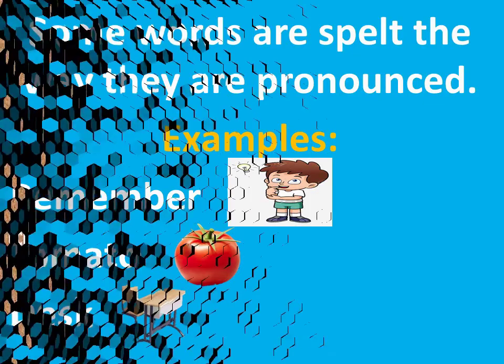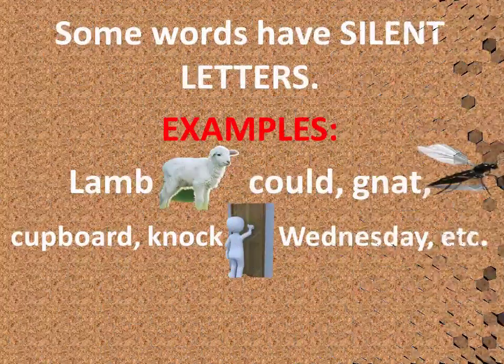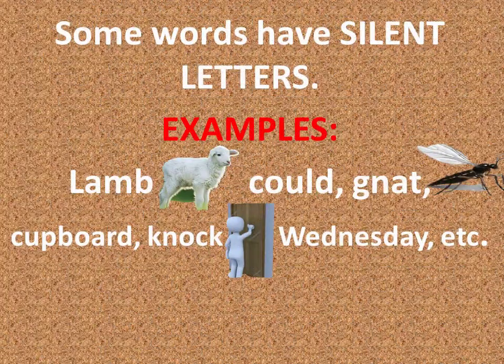But it's not like that with all English words. Some words do have silent letters. And these words that have silent letters always pose a problem when you want to spell them, as you may be tempted to include such letters in them that are silent.